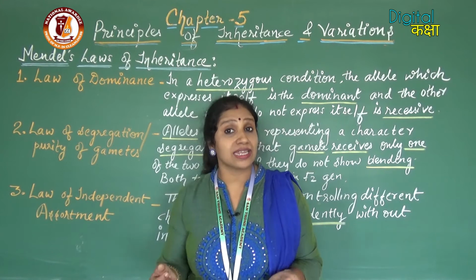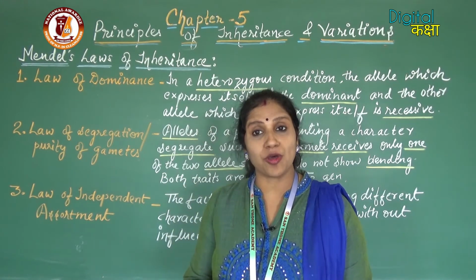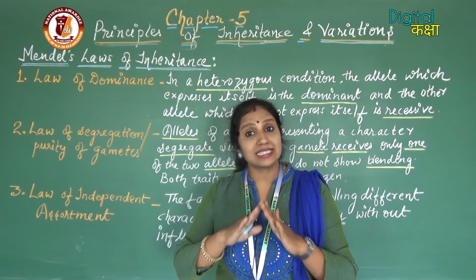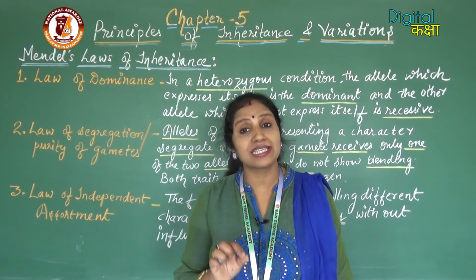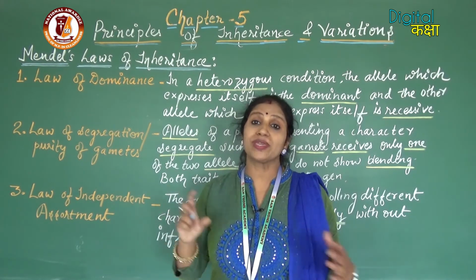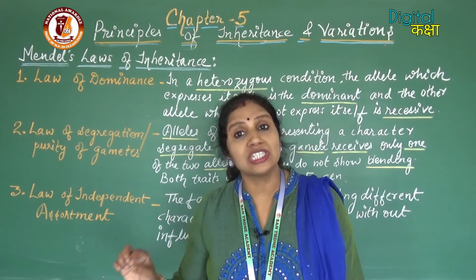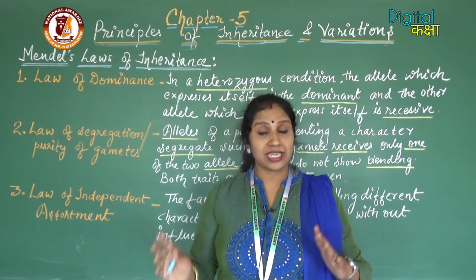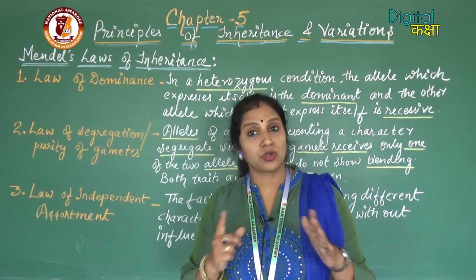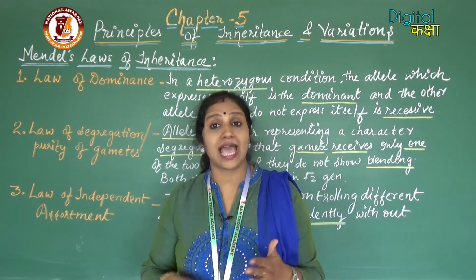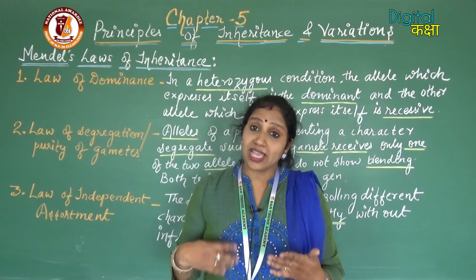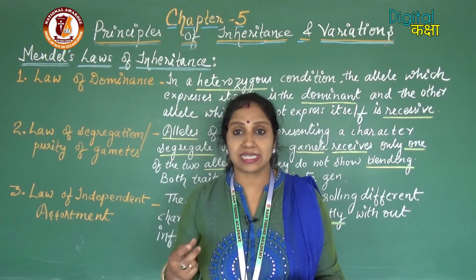And again at the time of gamete formation, the two alleles separate or segregate from each other, or we can say that they simply dissociate from each other. So there is no mixing or blending of alleles and characters. Each allele is able to express itself.